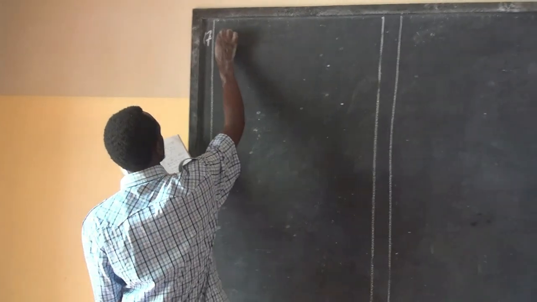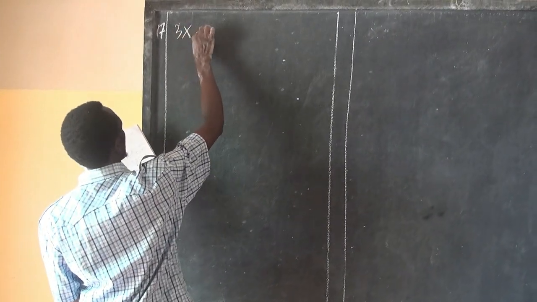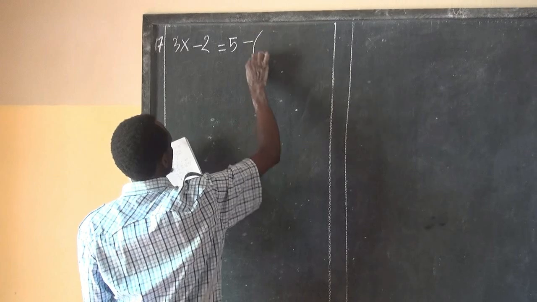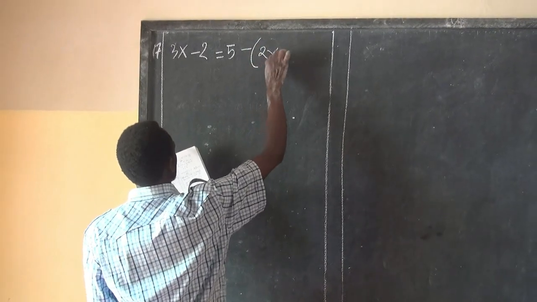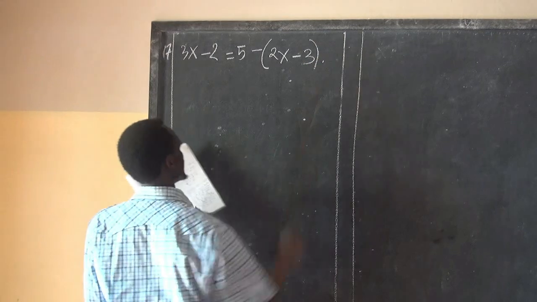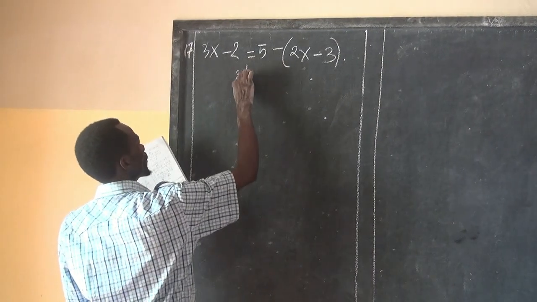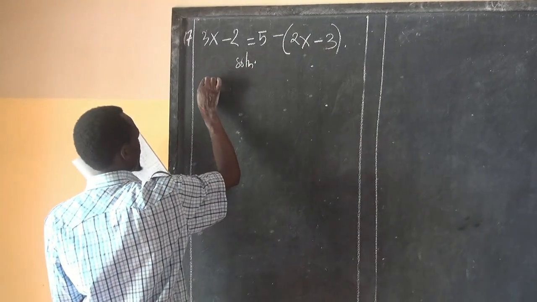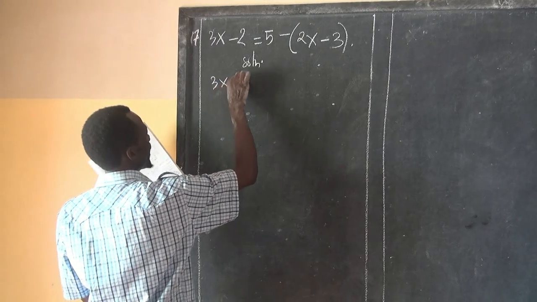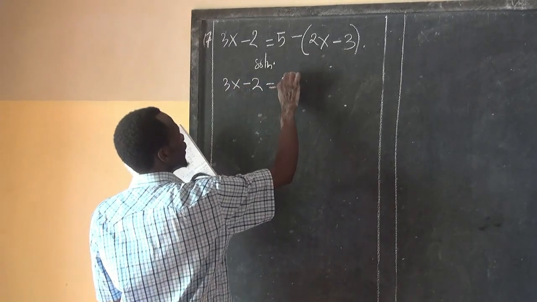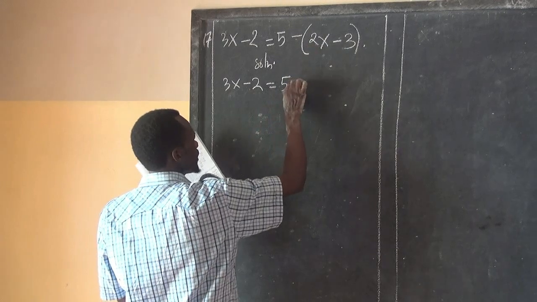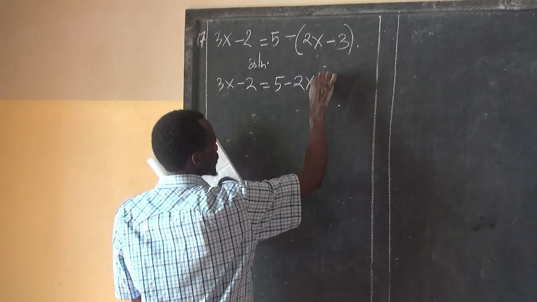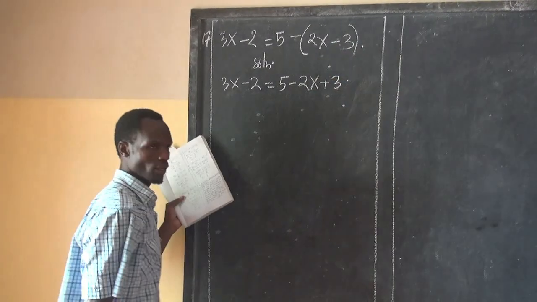Question number 17. 3x minus 2 is equal to 5 minus (2x minus 3). Now you have to open the bracket first. Now you have 3x minus 2 is equal to 5, then negative times 2x is negative 2x. Negative times negative 3 is positive 3.